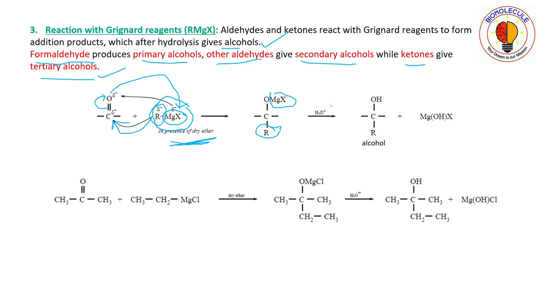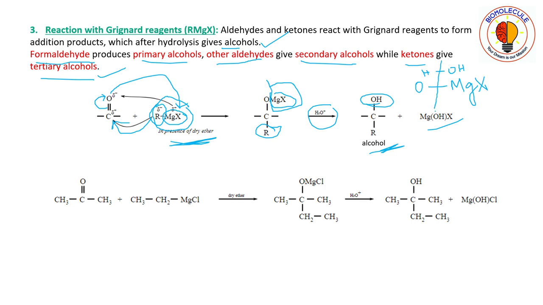So for the hydrolysis, this will remove this magnesium halide and give you OH. So you are getting alcohol and magnesium hydroxyhalide. Okay, so you see here this OMgX bond, and this is the water molecule, HOH, means H2O.